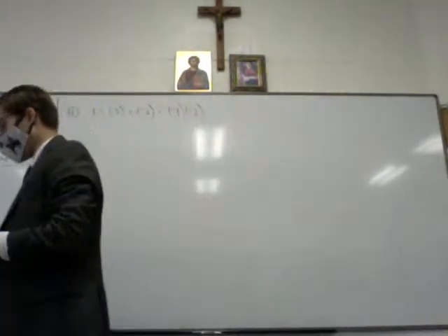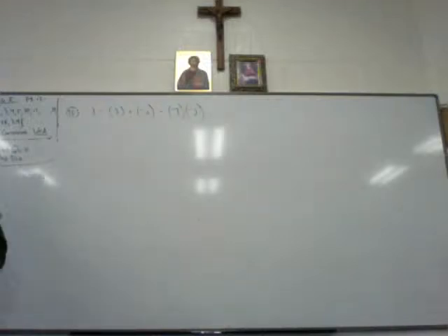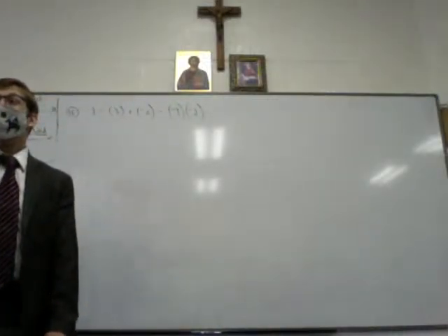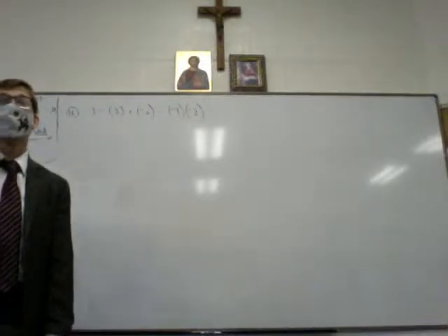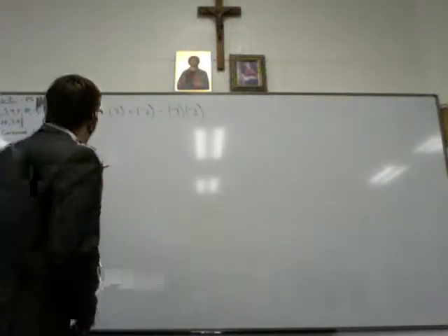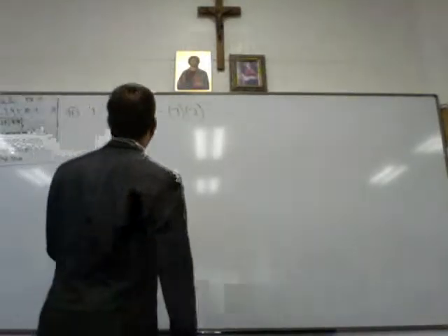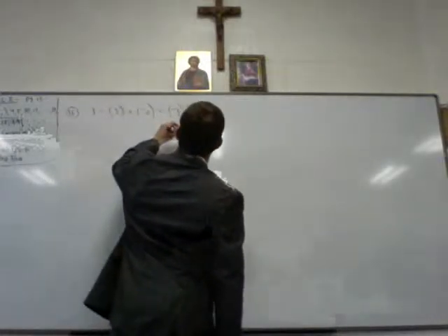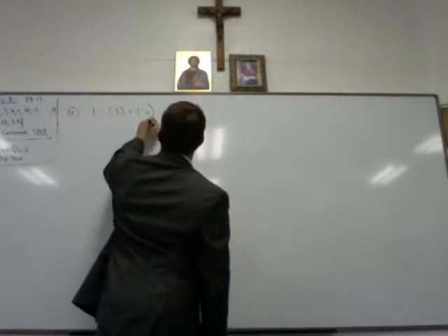Now, what do we have to do first? We'll do our multiplication first. -3 times -2, what do we get? +6.